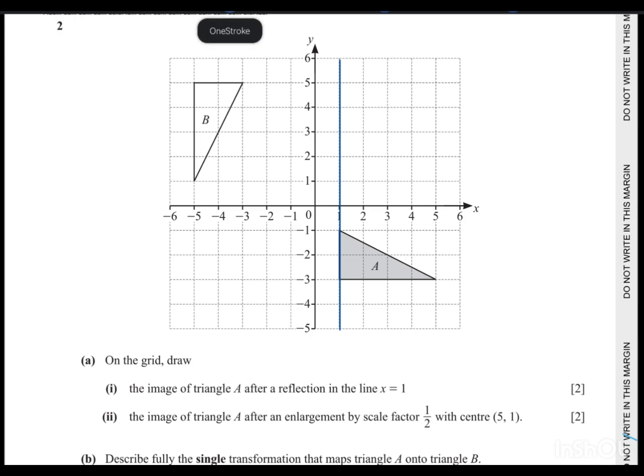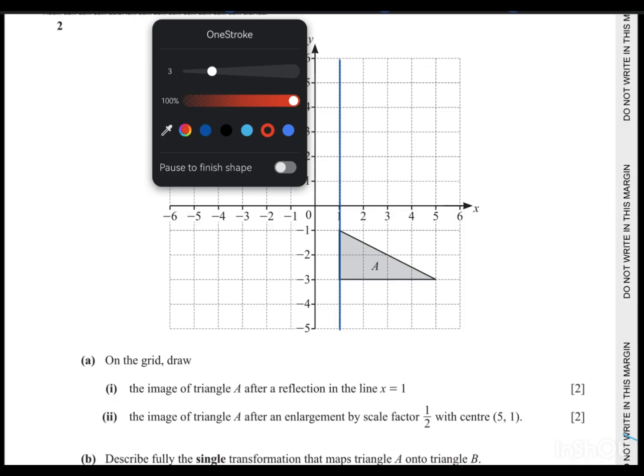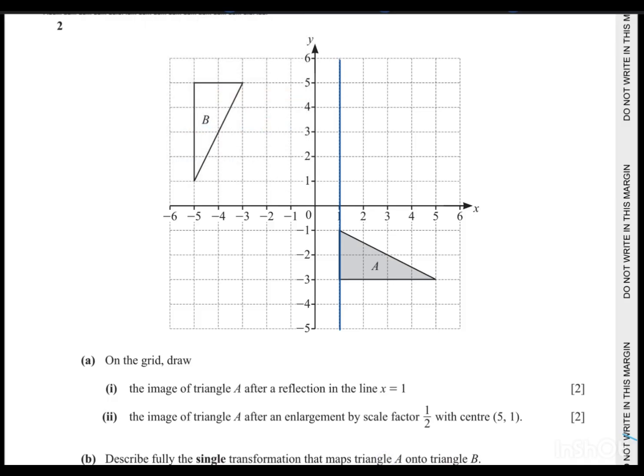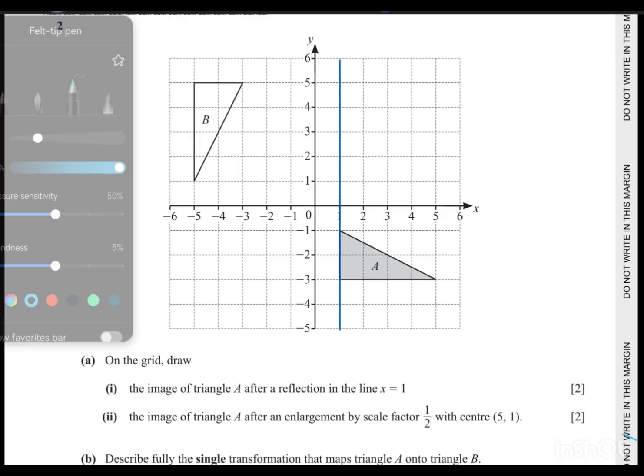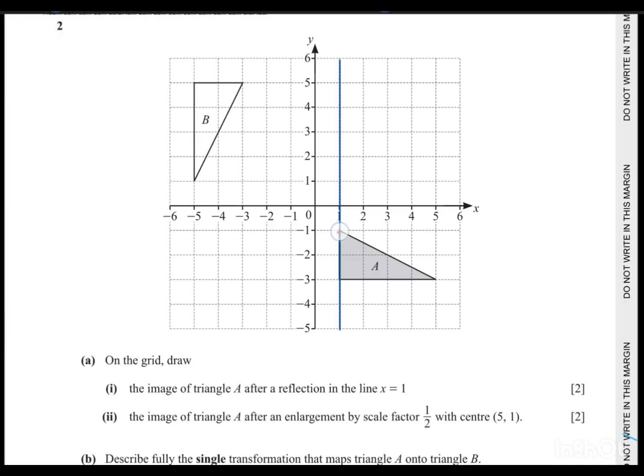Now taking this as the line of reflection, we will draw the reflection of triangle A. Now because the shape touches this line of reflection, these points will stay exactly where they are, on the line. Now we have to only check the coordinates on the other side of the line.